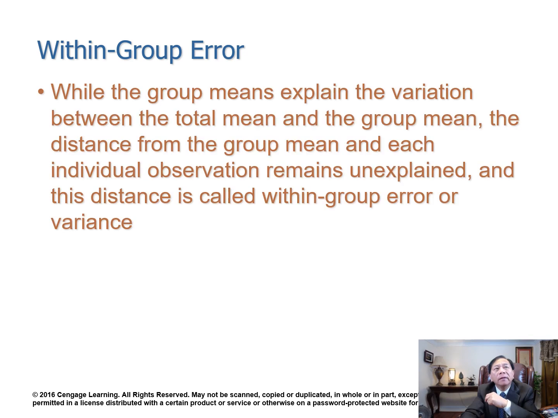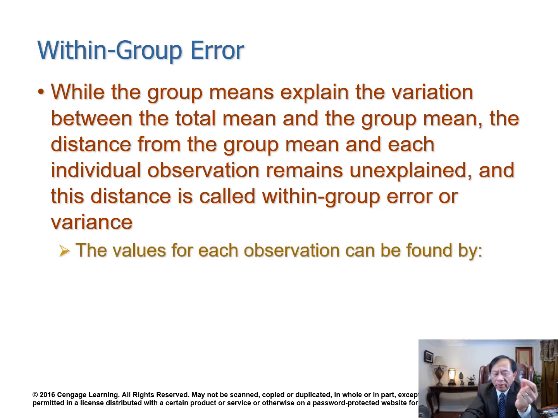Then there's also the within group error, right? Within each group, the group means explain the variation between the total mean and the group means. The distance from the group mean to each individual observation remains unexplained, and this distance is called the within group error or variance.